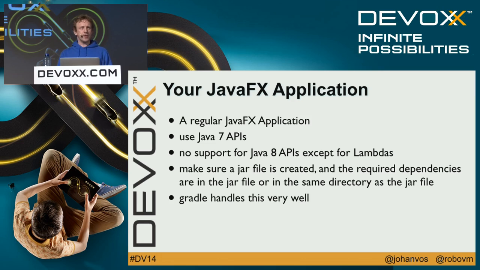Good enough, you can use Lambdas. So you can't use streams and the Java 8 APIs, but the Lambdas are supported because we use a great tool which is called Retrolambda, and this will take the Lambdas out of the code and replace them at bytecode level. So the invokedynamic bytecode is removed and replaced with static.